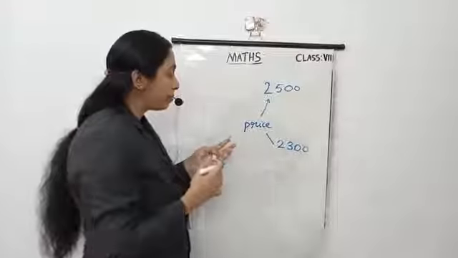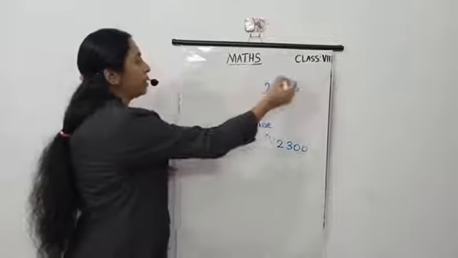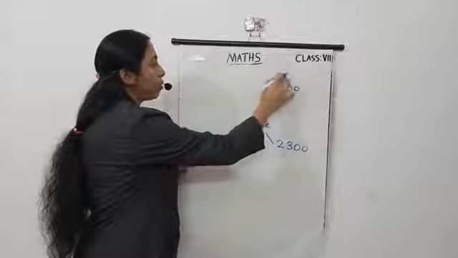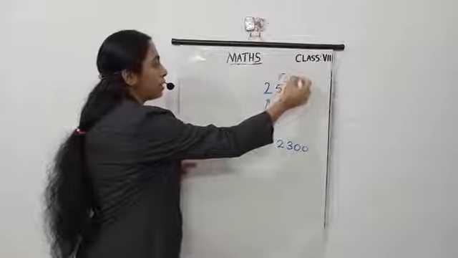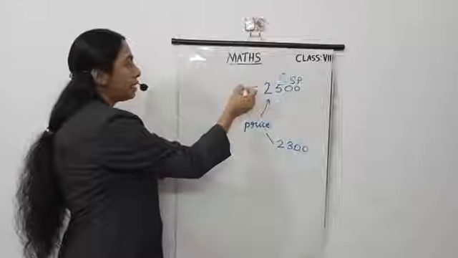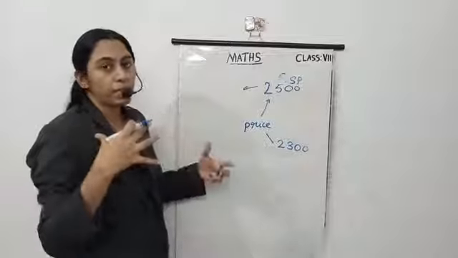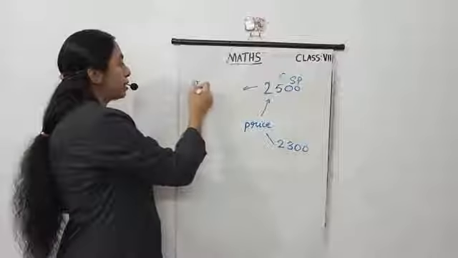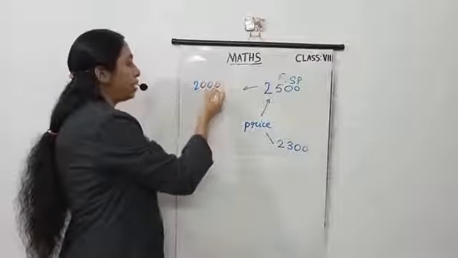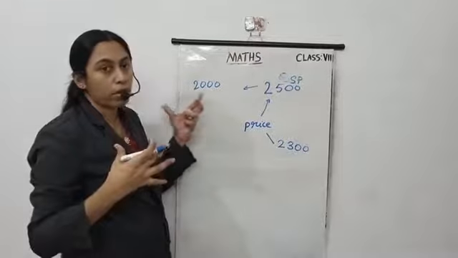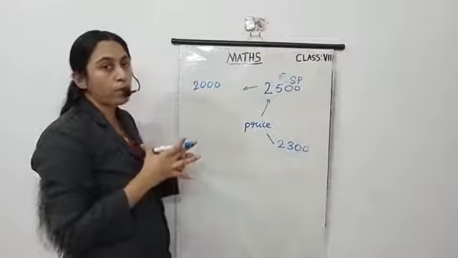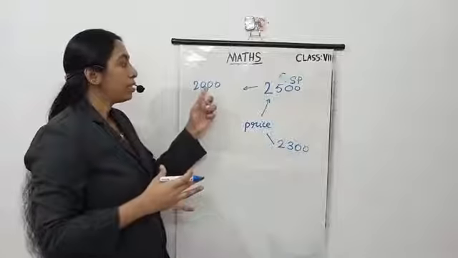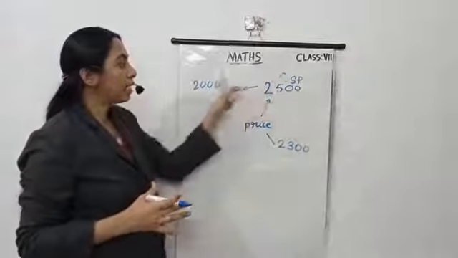So this is known as selling price, according to the shopkeeper. And that shopkeeper bought this bicycle from a factory. Suppose the shopkeeper needs to pay only 2,000 to the factory, and then he increases that price.